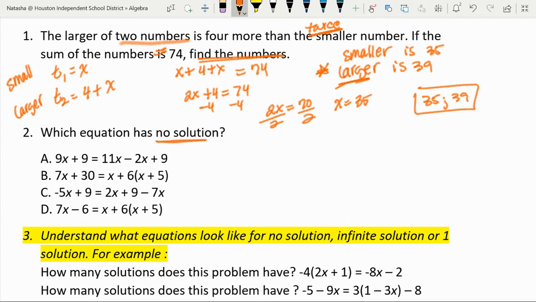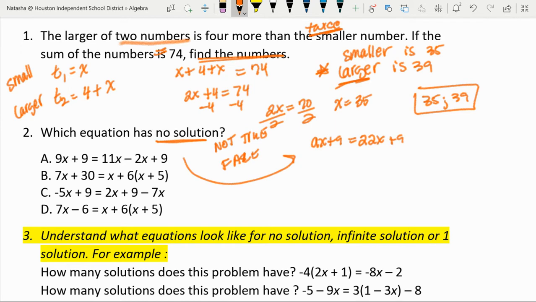All right, so in this next question, it says which equation has no solution? As a reminder, that means that our result is going to be not true, so it'll be false. I need to see which one of these is false, so I need to go through and solve each one. For my first one, 9x plus 9 is equal to 11 minus 2, which gives me 22x plus 9.